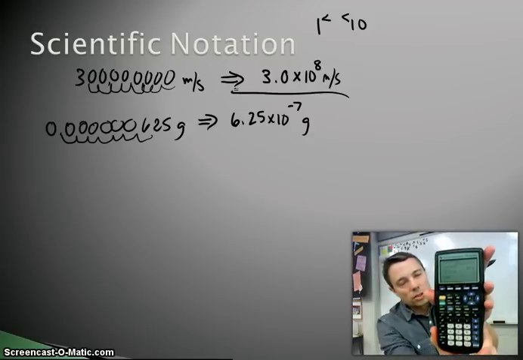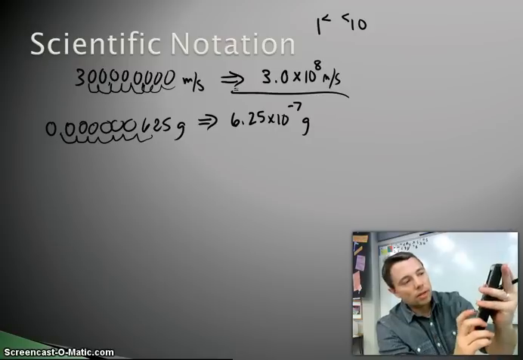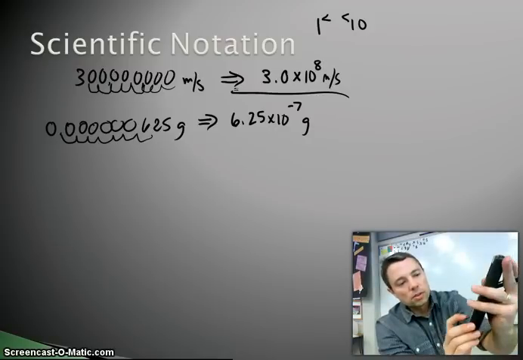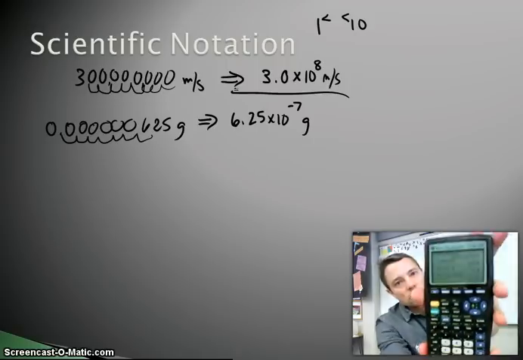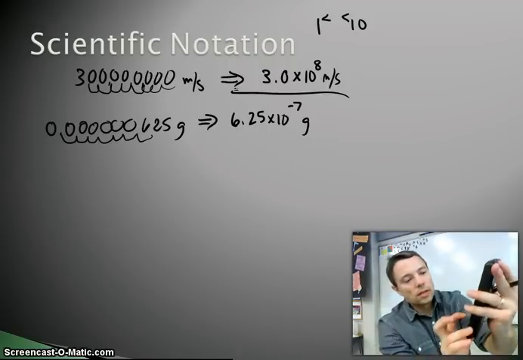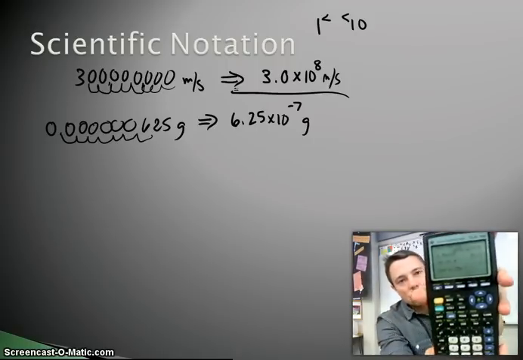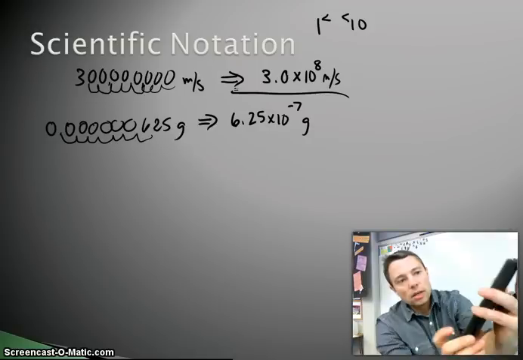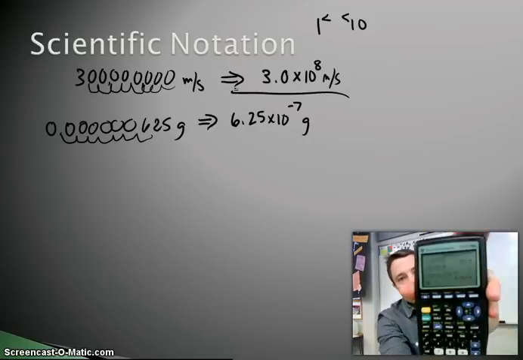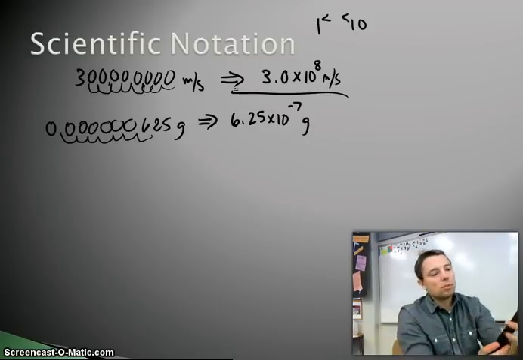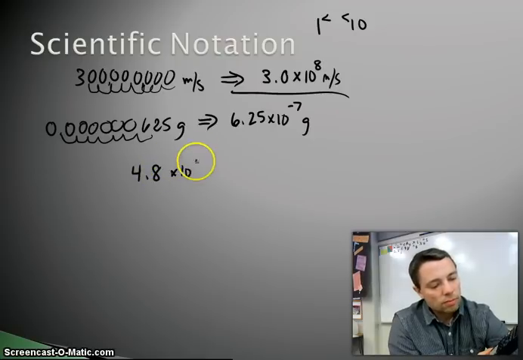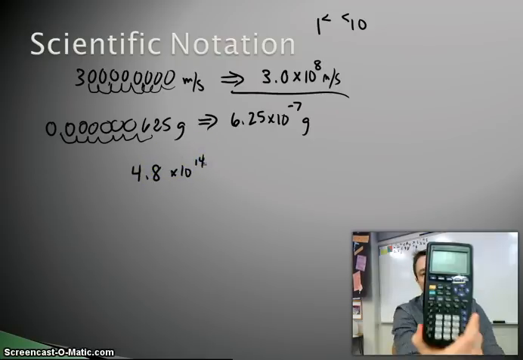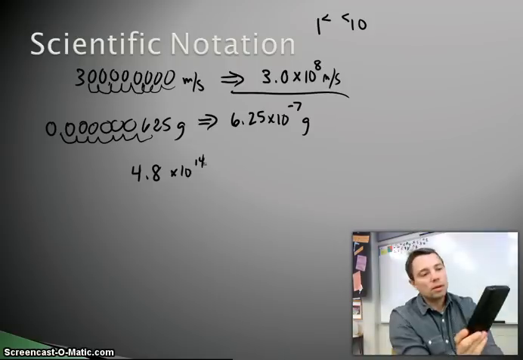That says 3 times 10 to the 8th divided by, now I'm going to do 6.25 second EE, to the negative 7. So that's 6.25 times 10 to the negative 7. And I'm just going to hit enter, and I get my answer. My answer came out to be 4.8 times 10 to the 14th, okay? And so that's kind of how it comes out on my calculator.